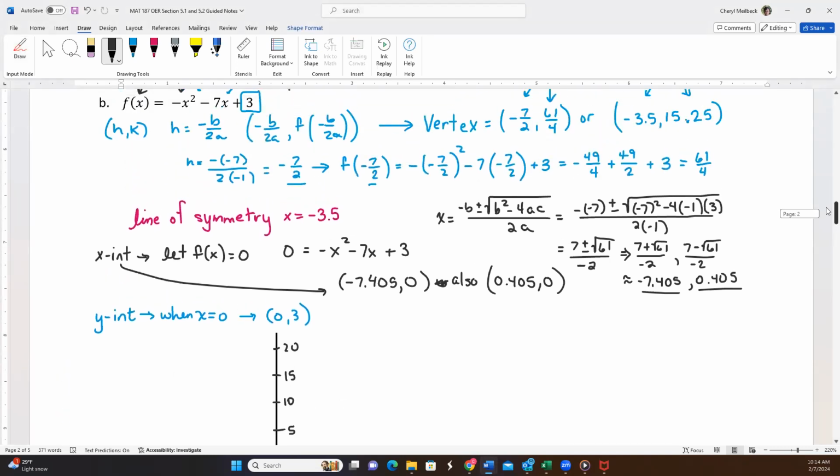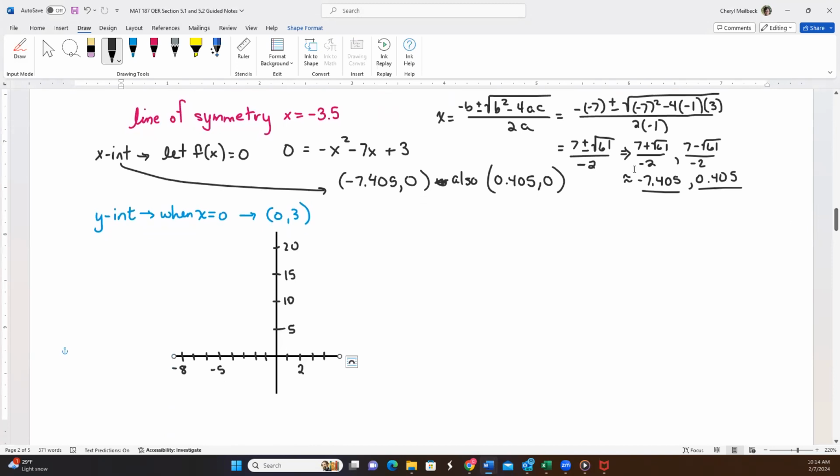The vertex is the point negative 3.5, 15.25. So let's get our vertex on here first. Negative 3.5 is in the middle, and then 15.25 is going to be in that range somewhere.